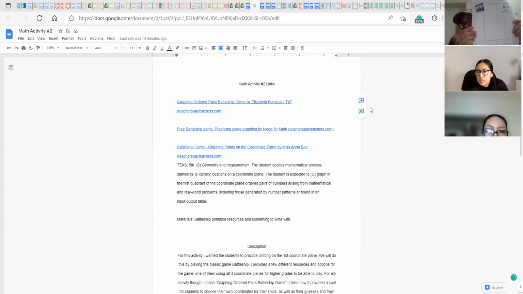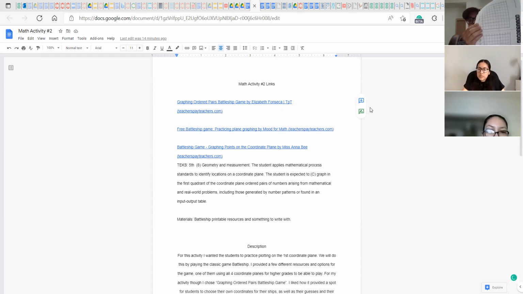And then it also has a spot for you to put your ship plots on, as well as your guesses. And then each time that you hit one, you mark it over here so you're able to keep track of it. So I think that's very helpful for first-time graphers to be able to keep track of what they're doing.